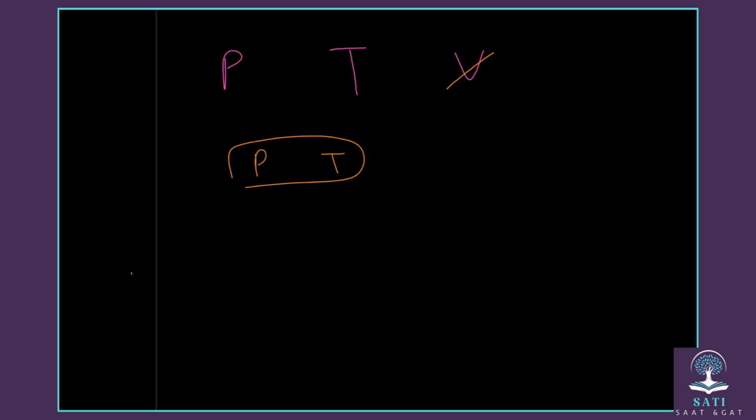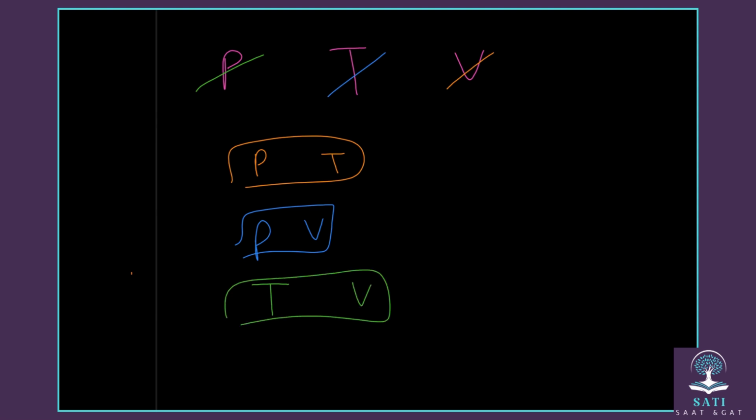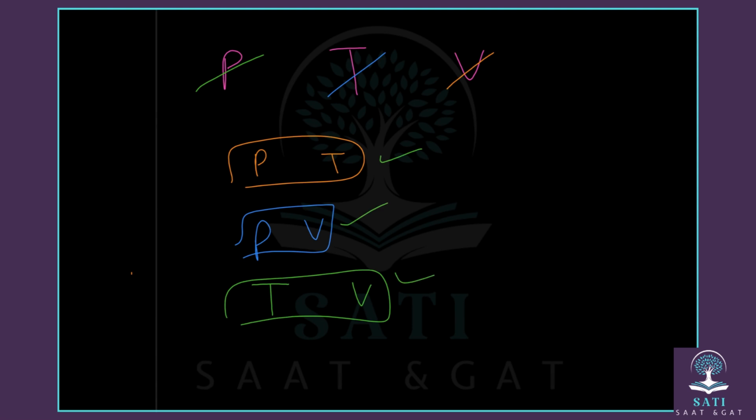And the temperature. Good. Then when we make the temperature constant, so that means we are studying the relationship between the pressure and what? And the volume. And when we make the pressure constant, so that means we are going to study the relationship between the temperature and what? And the volume. So that means we are going to study three things.